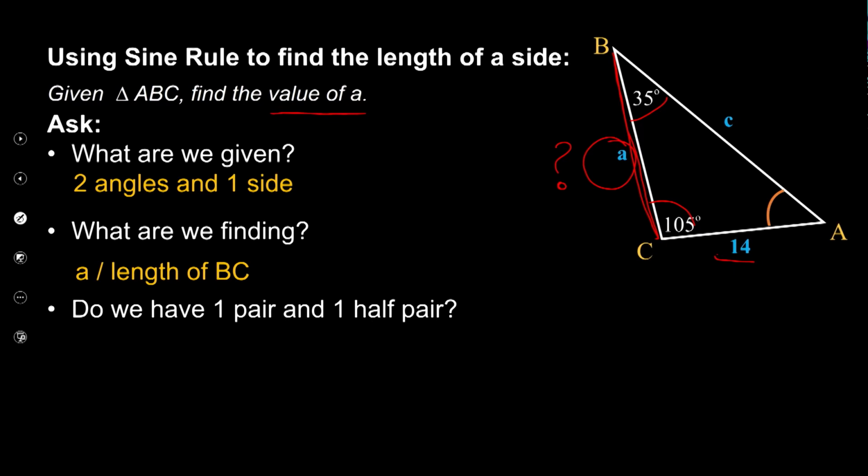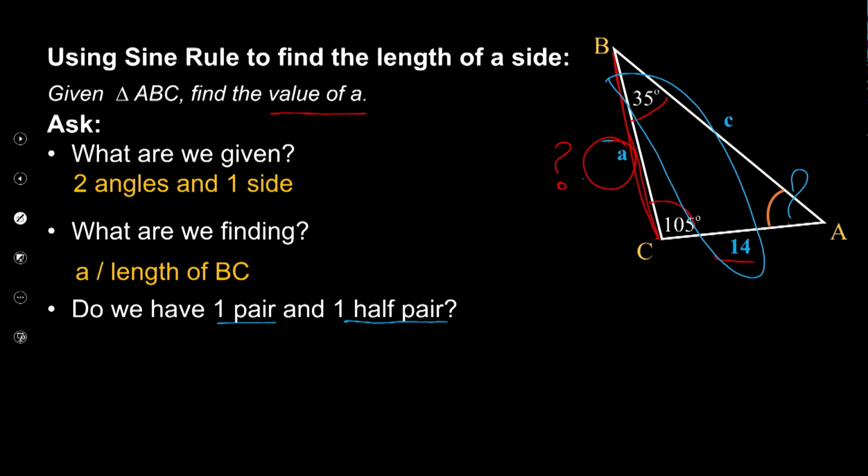Okay, to use the sine rule again, we need to check: do we have one full pair and a half pair? Go back to the diagram and you'll realize our full pair is still this pair here. But we have a small problem here. Our half pair: we want to find this little a, but we don't have the angle A just yet.